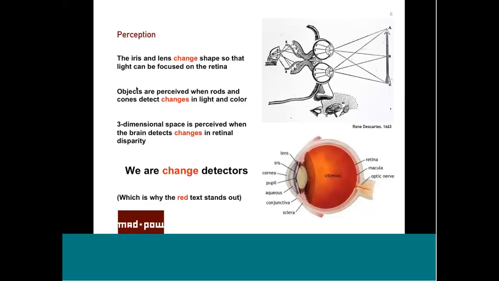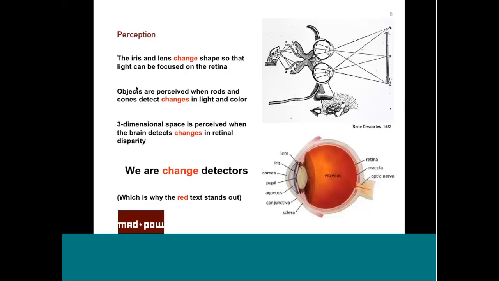You're already responding to change. When the light hits the rods and cones, they're detecting changes in light and color. Again, change detectors, and the rods and cones are sending the signal back to your brain based on changes in the light. And then finally, we are able to perceive three-dimensional space based on retinal disparity.